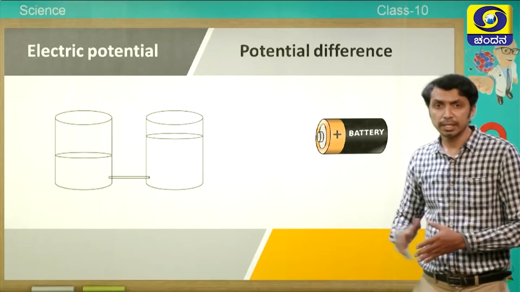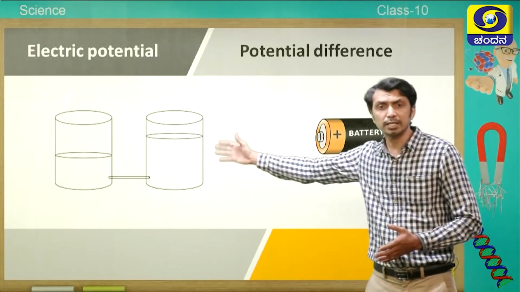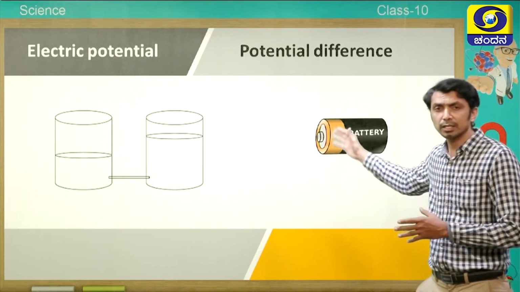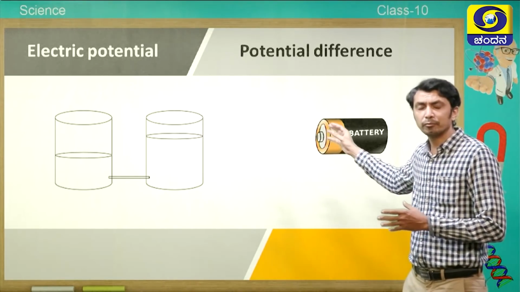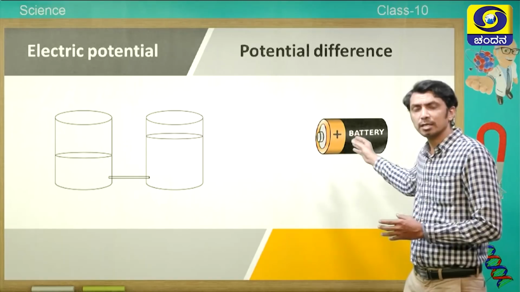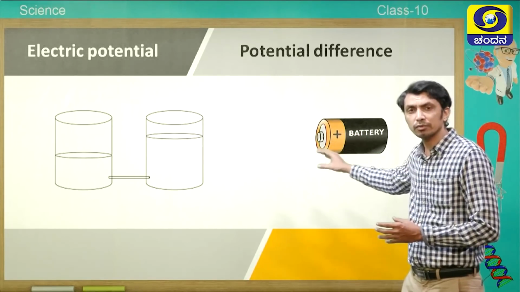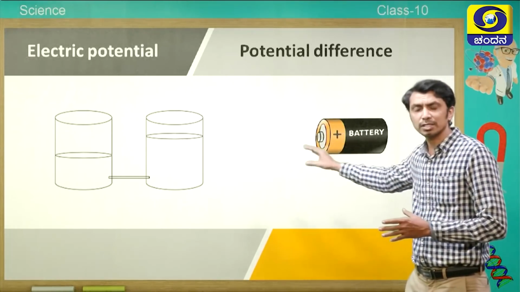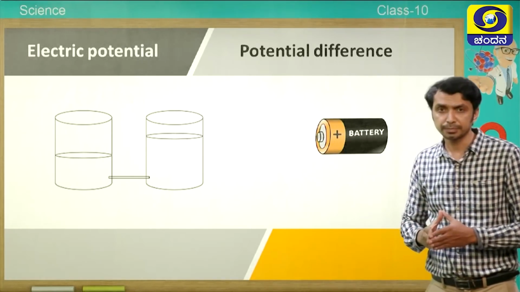So children, here the work is being done by this difference in pressure. In the same way, the work done for the movement of charges is done by this cell because of the difference in pressure of charges at its 2 ends.